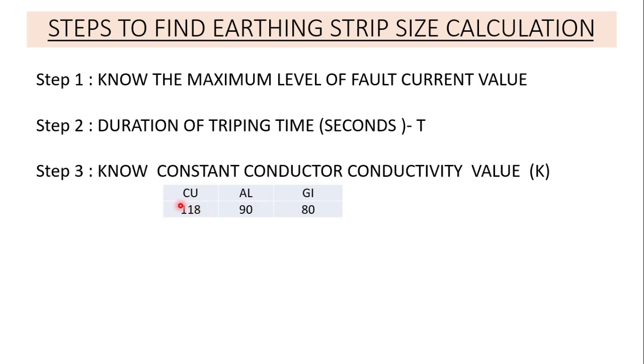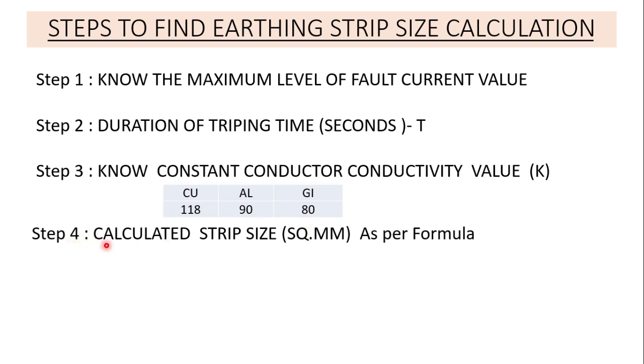If we select copper, the value of K is 118; for aluminium 90; and for GI, galvanized iron, 80.